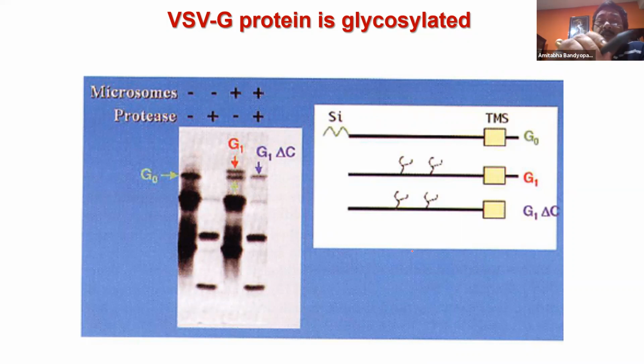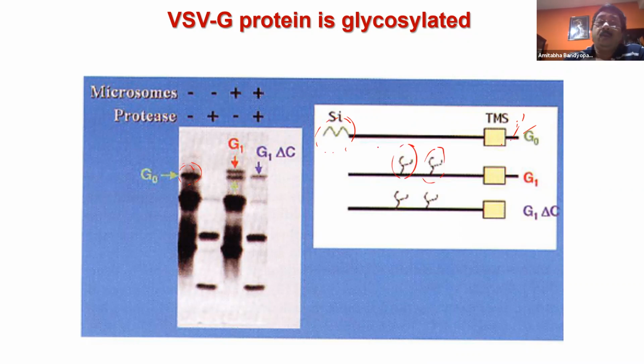If you just translate it in vitro, you will get the full length protein. This is the transmembrane segment. We now know this is the part that hangs outside of the cell, and then there is this signal peptide. But because it is being translated in vitro, there will be no sugar modification.